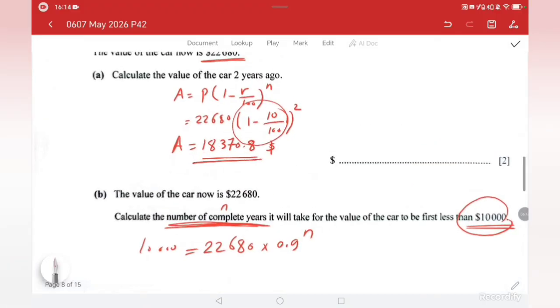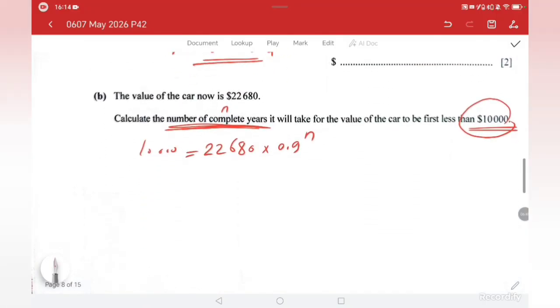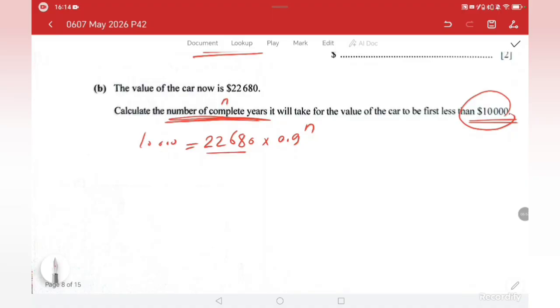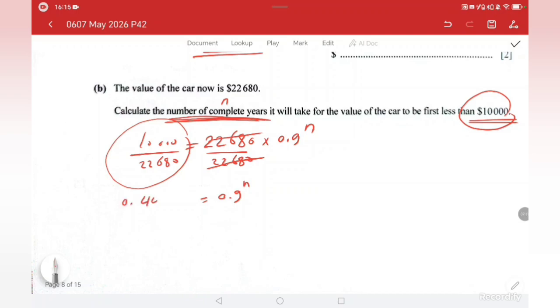This n is what we need to find. So you can divide both sides by 22,680. So 0.9 to the power of n equals 10,000 over 22,680. The answer is 0.440917.